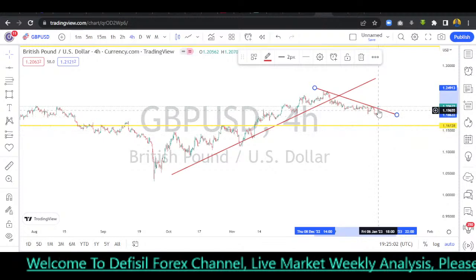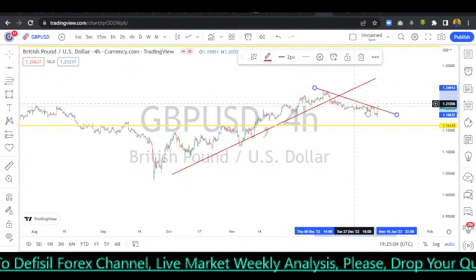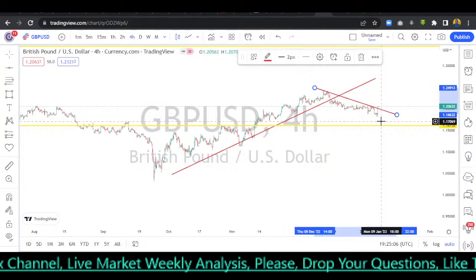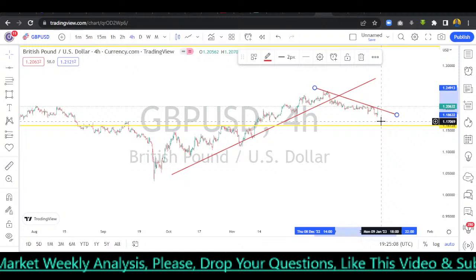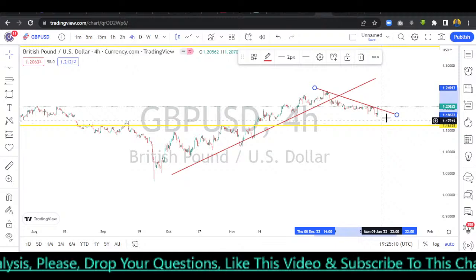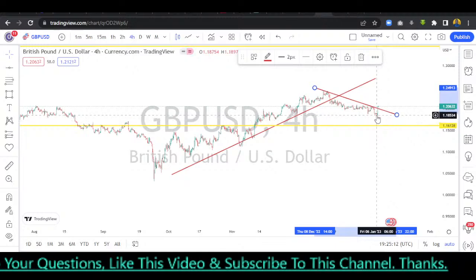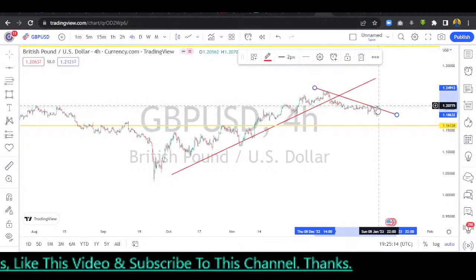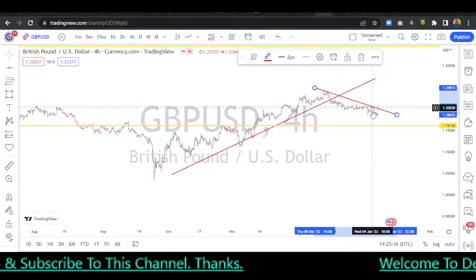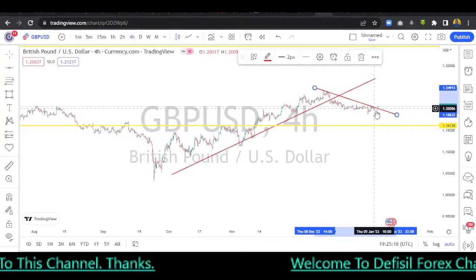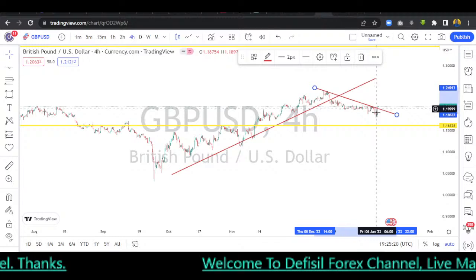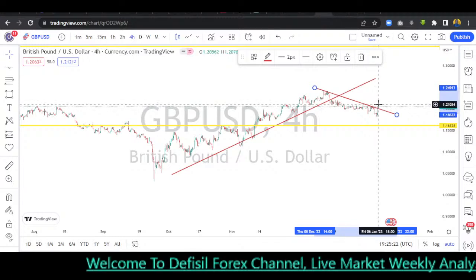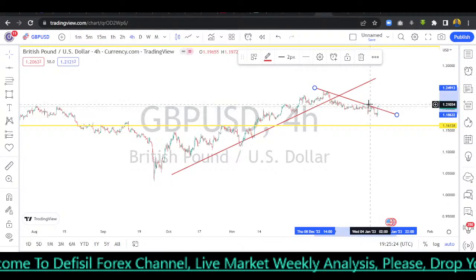It's currently approaching our support region, and you recall that last week Friday was NFP, and we can say that NFP can just be the reason behind this behavior over here, that the market was now behaving as if it's trading above the previous lower high.